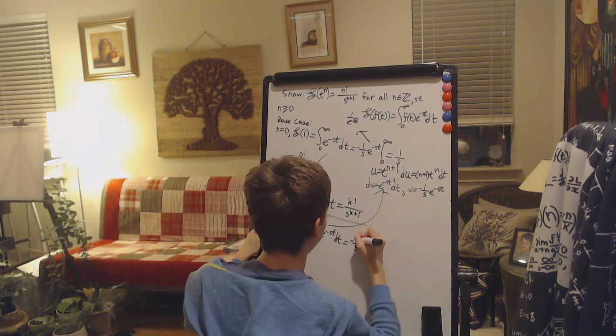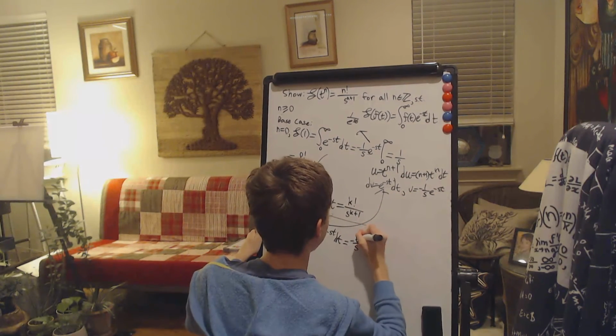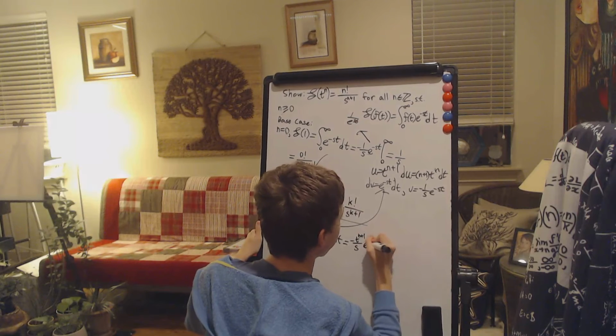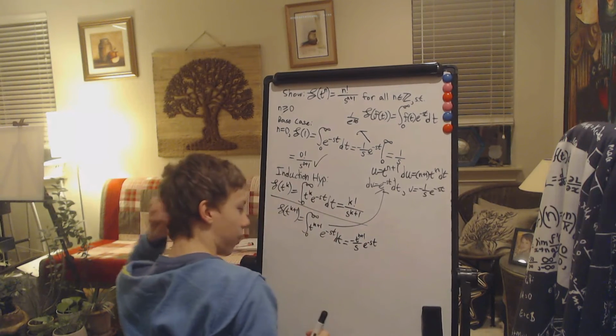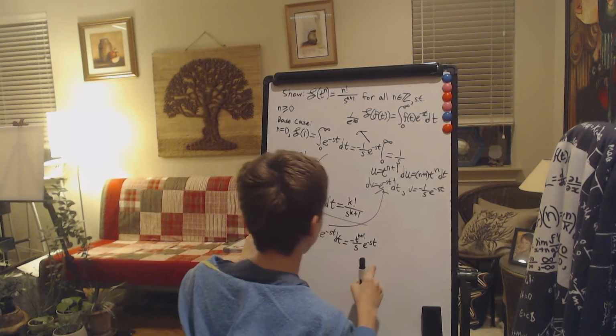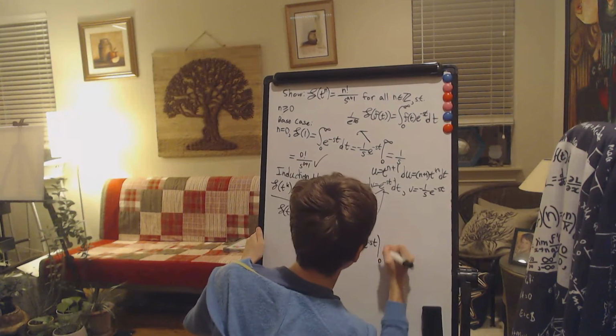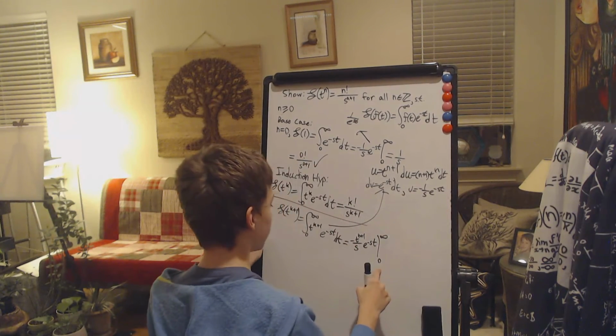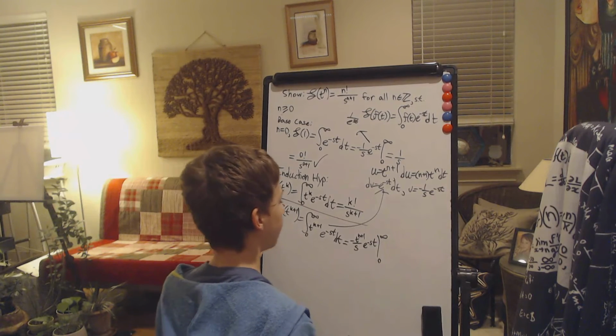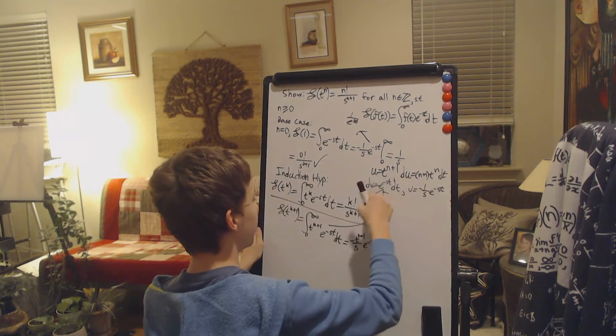So we have minus 1 over s t to the k plus 1 e to the minus st, and I also have to add this evaluated from t equals 0 to t approaches infinity, minus the integral of v du.